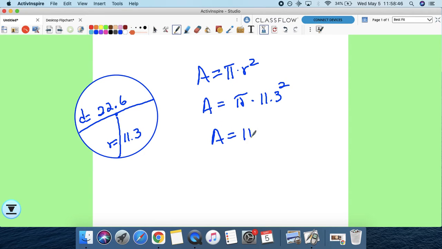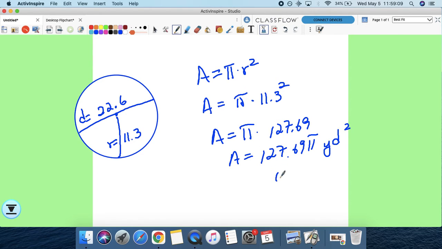Area equals pi, and then 11.3 times 11.3 is 127.69. So we can write it, and we can say 127.69 pi, excuse me, yards squared. Or if you multiply 127.69 times pi, you get 401.15 yards squared.